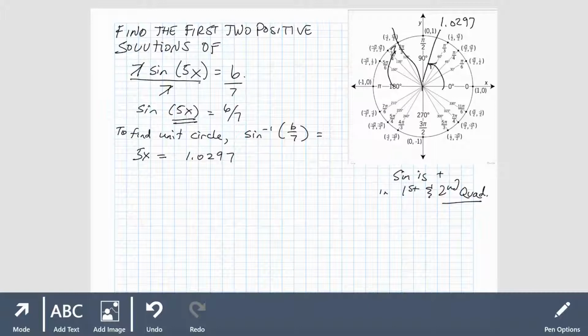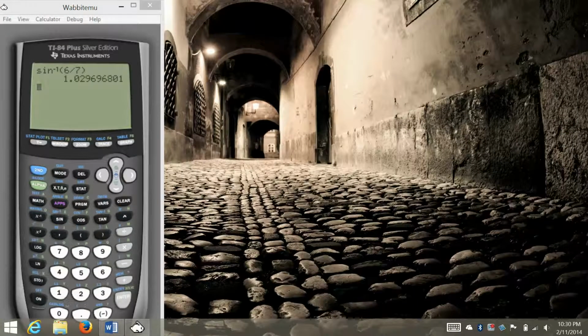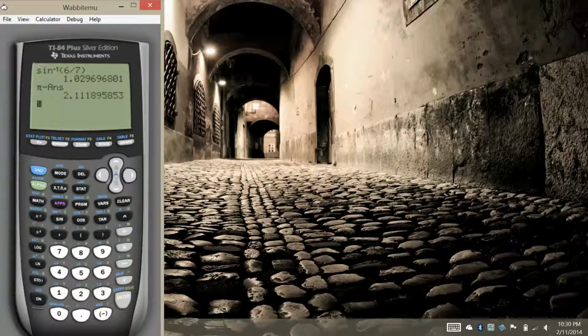I need something smaller than pi. So I'm going to do pi minus 1.0297 to get my second solution. Let's do that on the calculator. I need to find pi minus that last answer. So pi minus 1.0297, I'll go ahead and hit enter, and I get 2.1119.